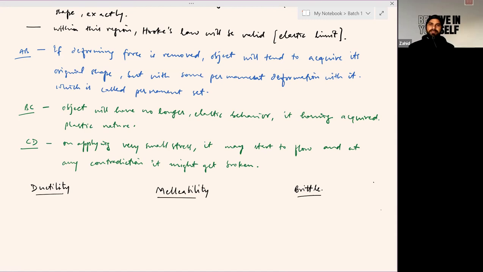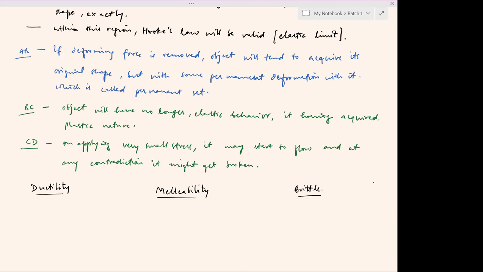You must have learned these terms in class 8 or class 10 in the chapter on metals and non-metals.